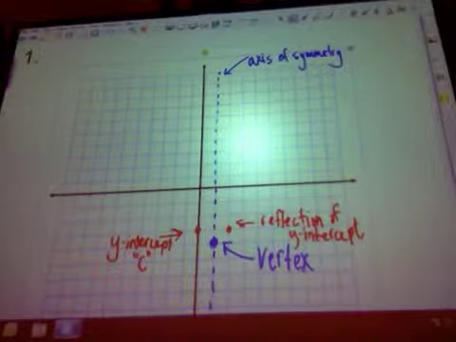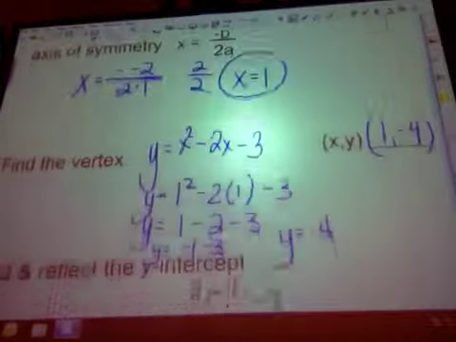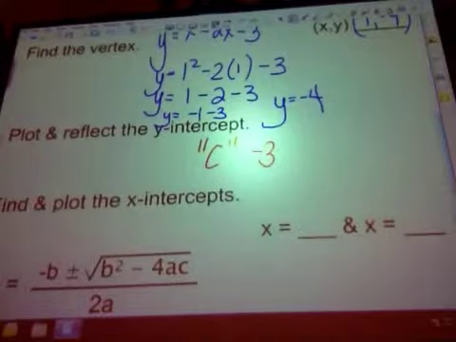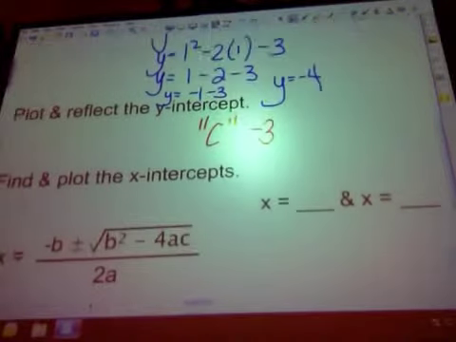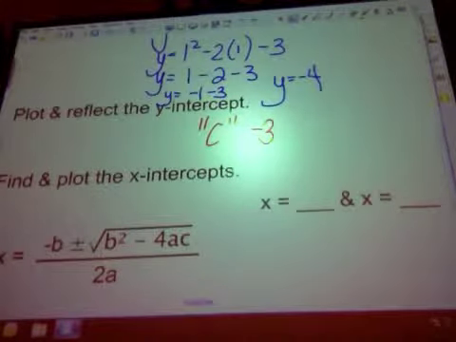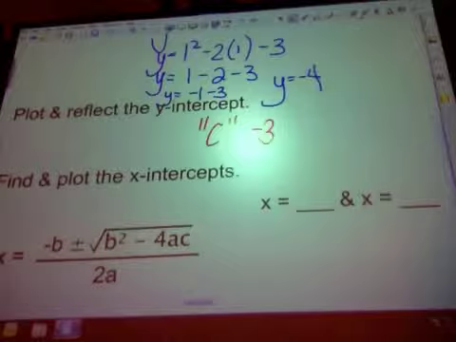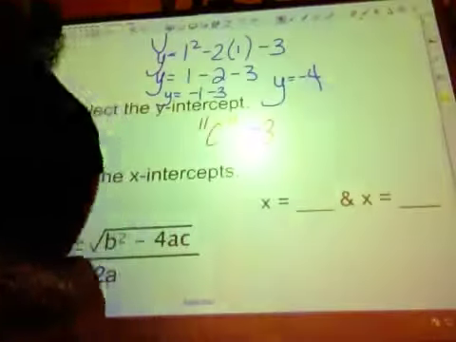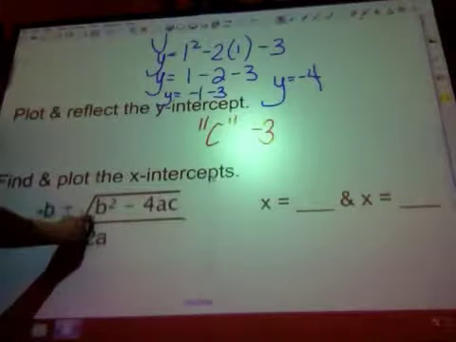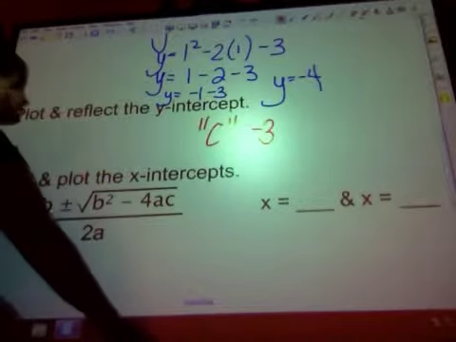So after you get that done, we go back to our other page to see what our next step is. The last part, actually, is to find and plot the x-intercepts. To do that, you use the quadratic formula, which is the opposite of b plus or minus the square root of b squared minus 4ac all over 2a. So we just plug our different letters in for the variables that they represent.